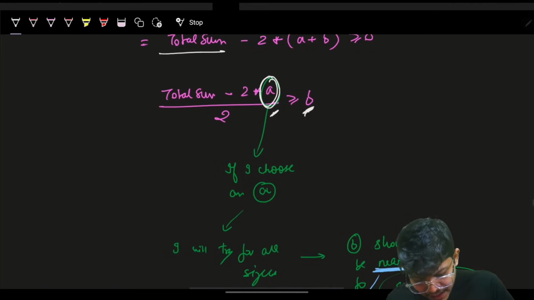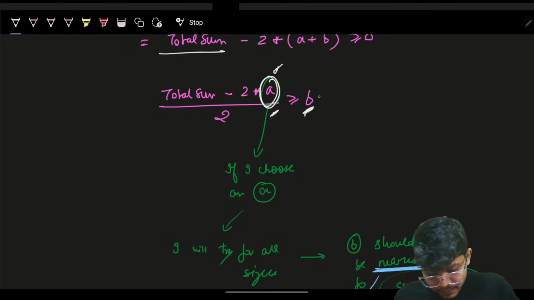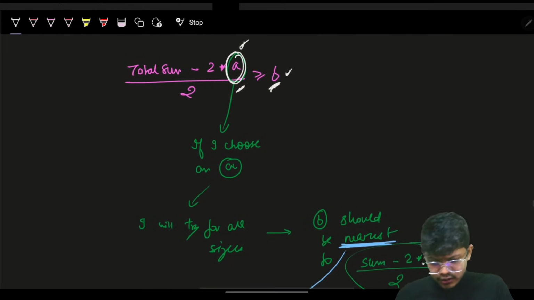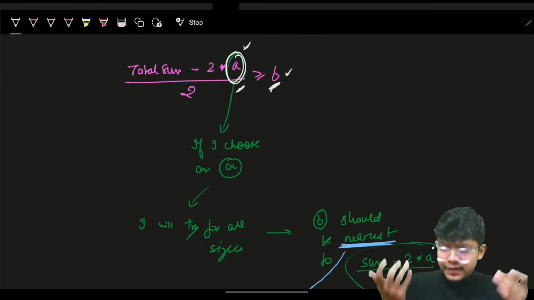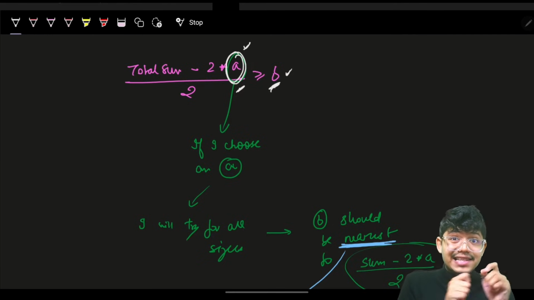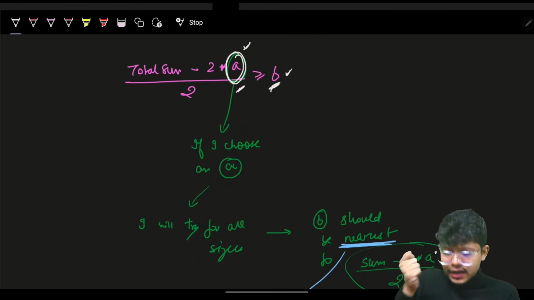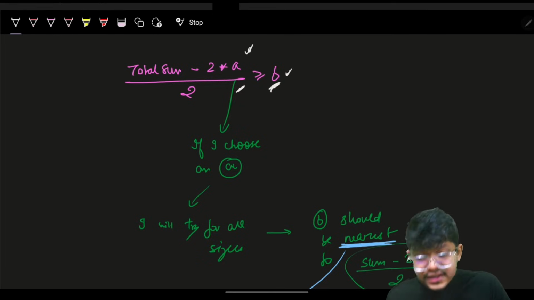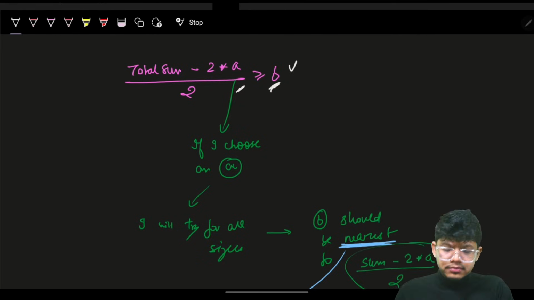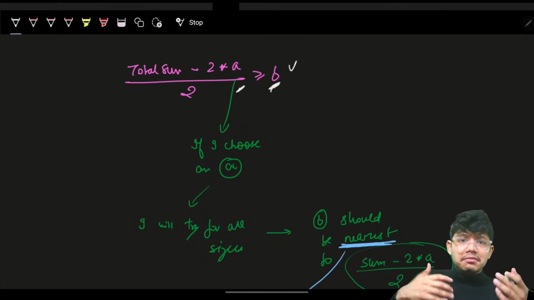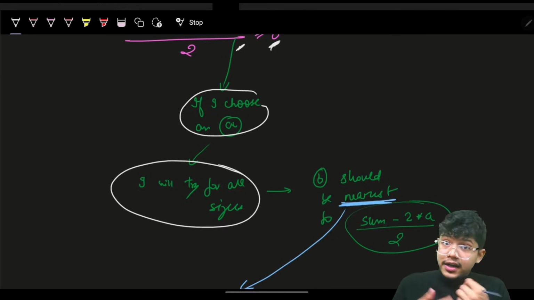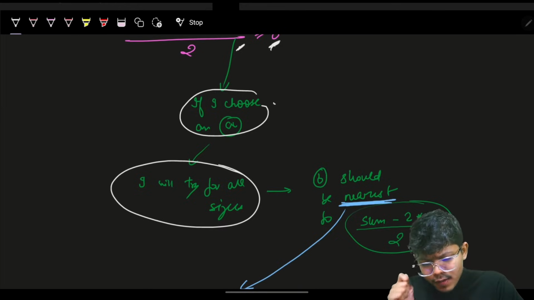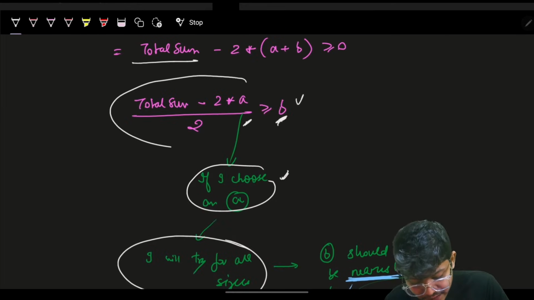In the same way, I will try all the possibilities of a. Let's say a is 5, which means the sum of the left part is 5. When I have tried this specific sum, I'll go and check what the value of b is. I'll try all the possibilities, but for one specific a, I'll get a specific value of b.